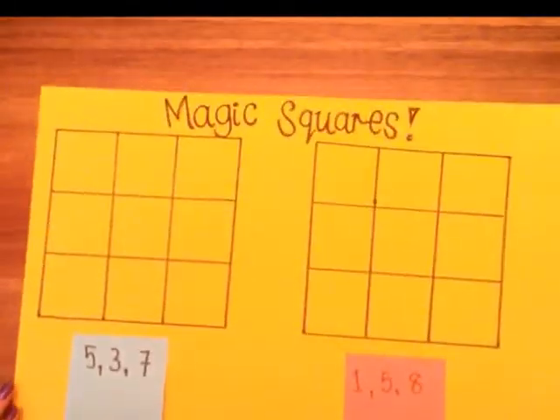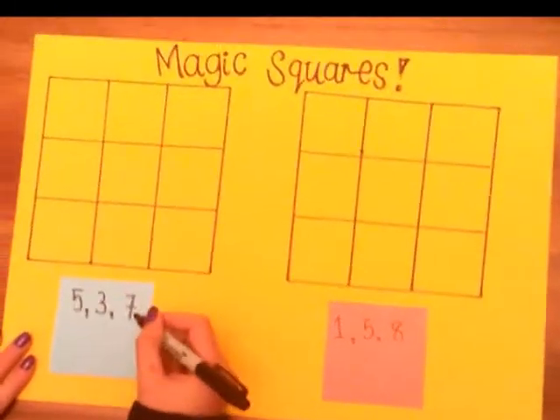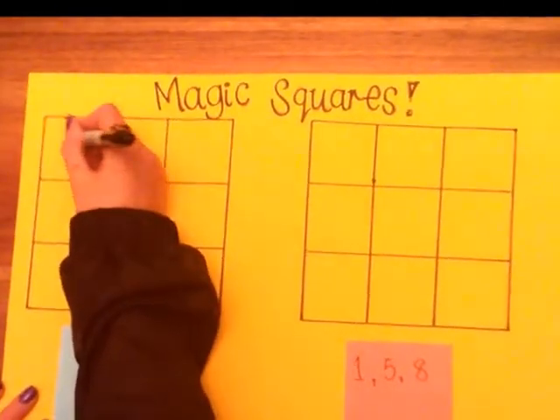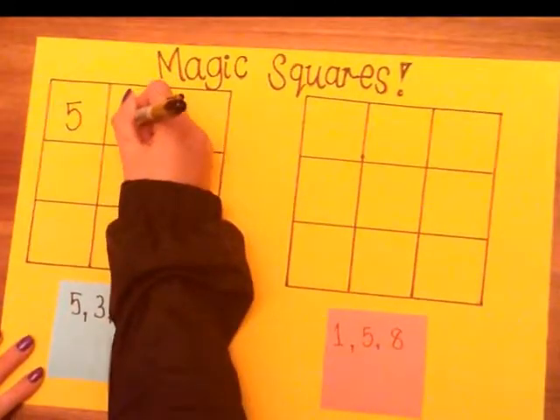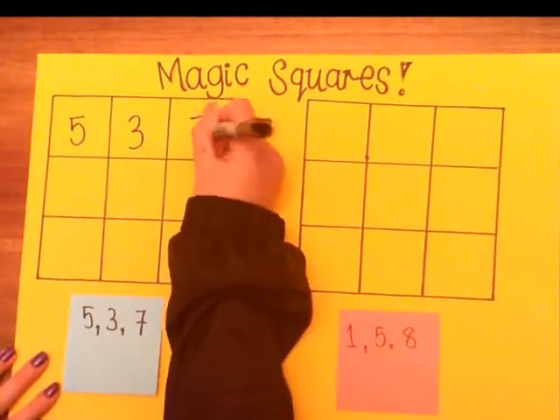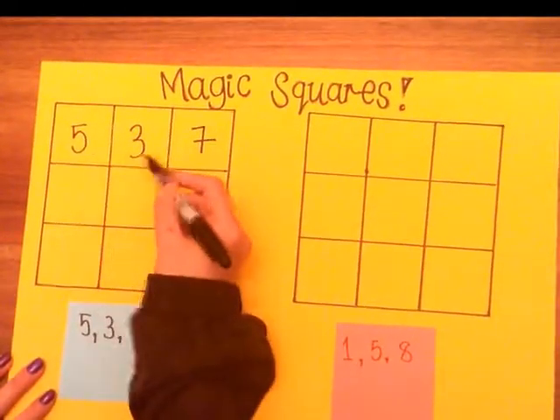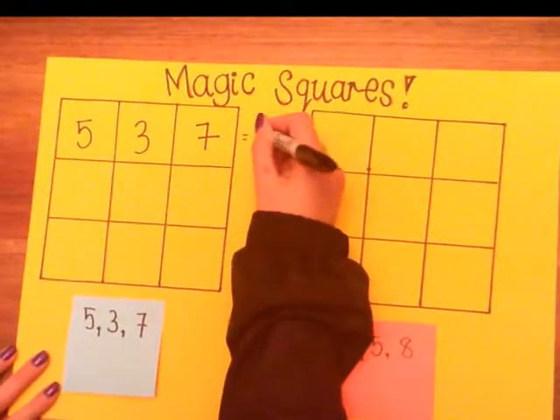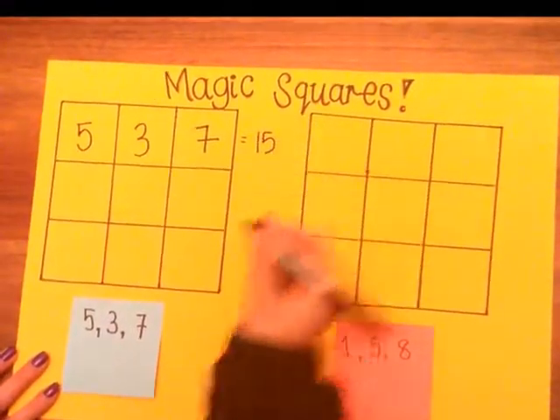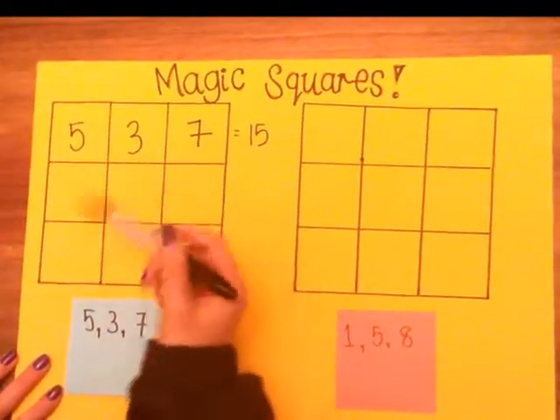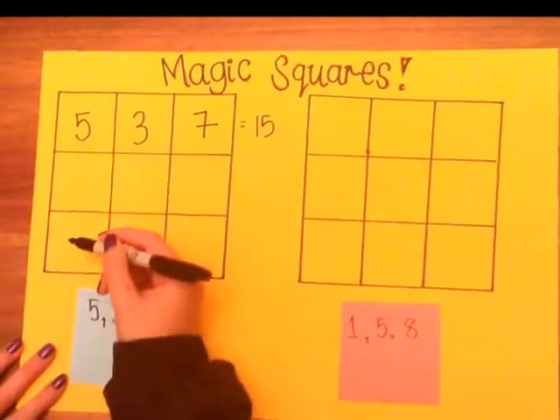So I would use my number skills with the three numbers. I'll start with 5, 3 and 7. Now 5, 3 and 7 adds up to 15. So now on this row, I have to ensure that these three numbers are not in the same order.